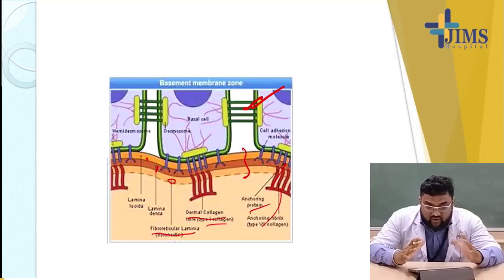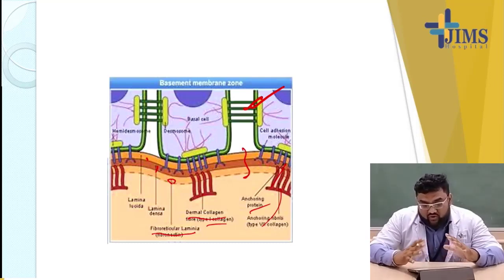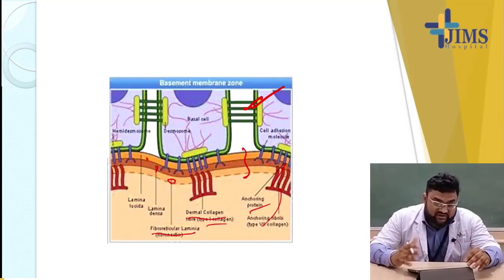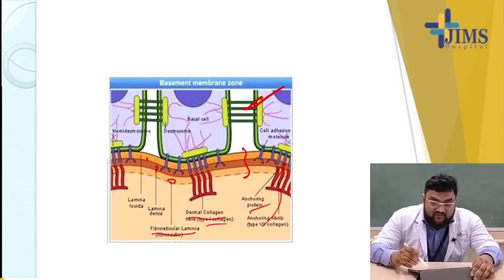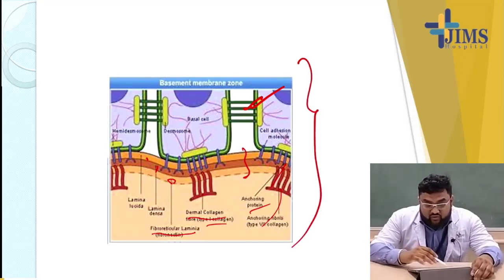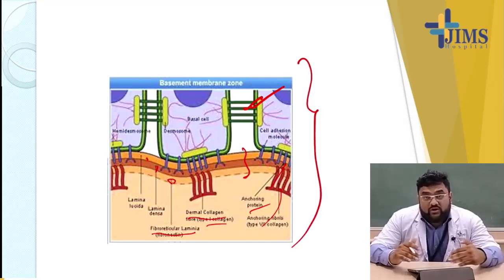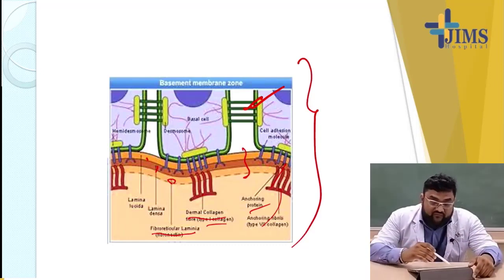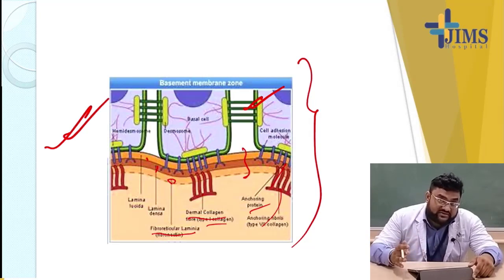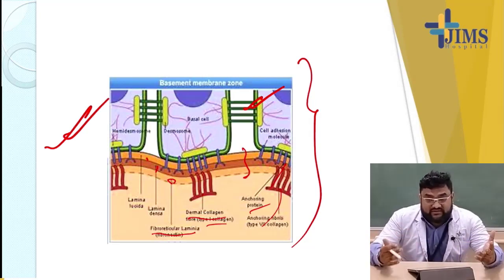It is a very complicated picture, but you should know how to draw it in case the question comes. Although in theory we don't have questions. I didn't see any questions in the last 10 years from the anatomy of the skin. But if you don't know the anatomy of the skin, you will not be able to explain the diseases. And for some diseases, when there is a 5 marks question for you, you have to first describe the anatomy of the skin, then only you will be able to describe the disease.